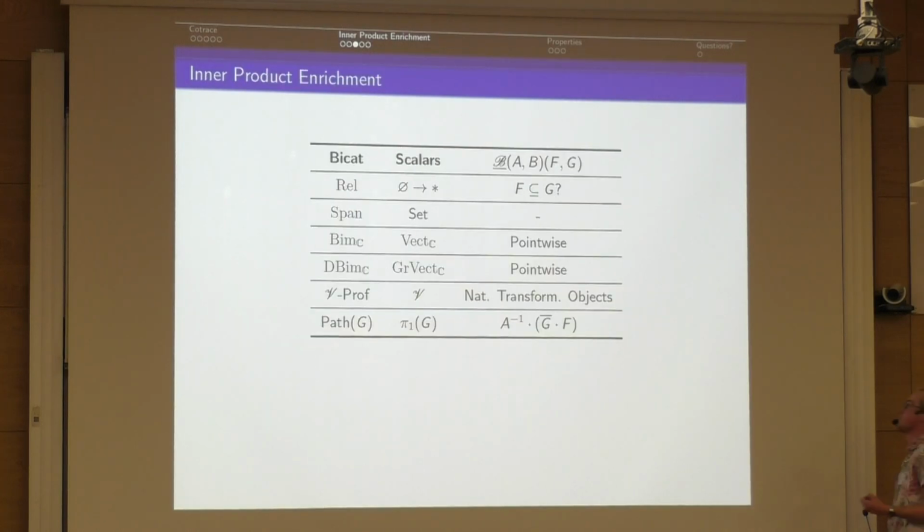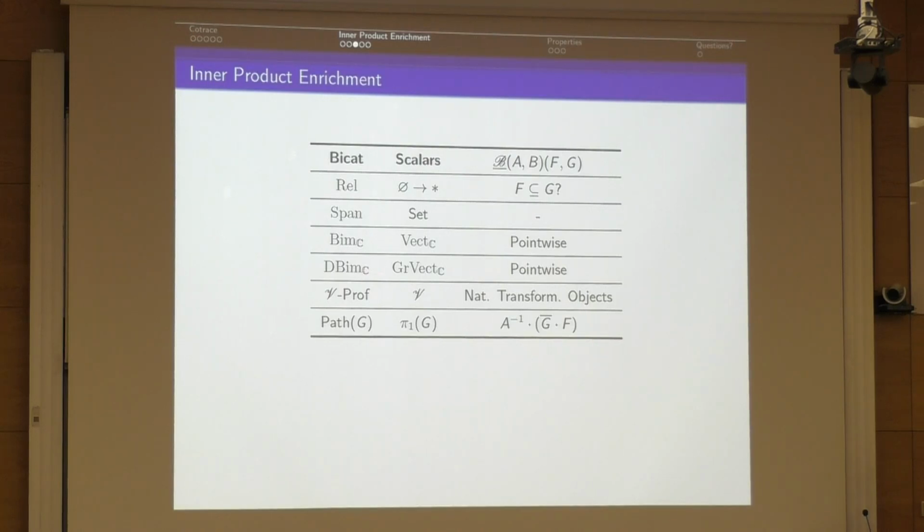What does it give us in our examples? Well, kind of generally gives you the thing that you'd expect. So for sets of relations, obviously the one cells are just subset inclusion, and you just get that back. For spans, you were just enriching over a set, and you just get the thing you started with. For bimodules, well, maps of bimodules have a pointwise vector space structure, so you recover that.